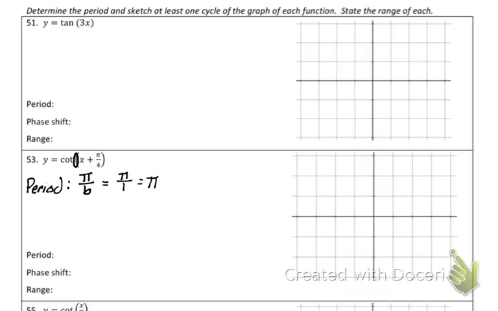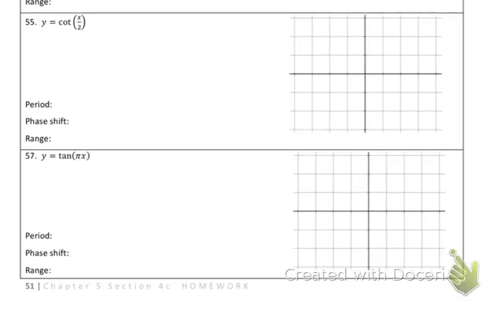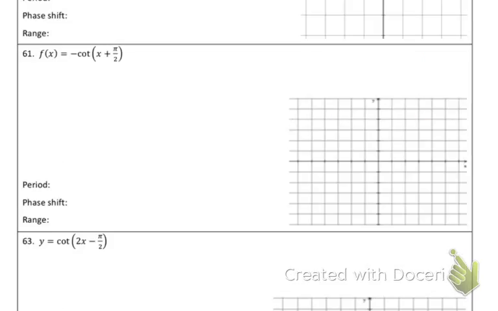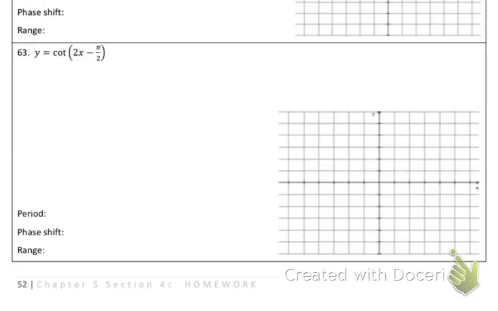Yes? And can you go over the period for 63? Sure. For 63. So we need to pull this 2 out front, right? Here's the cool thing about cotangent and stuff. We just need to pull this 2 out to get the period. But to get my shifts left and right, I can just do this.